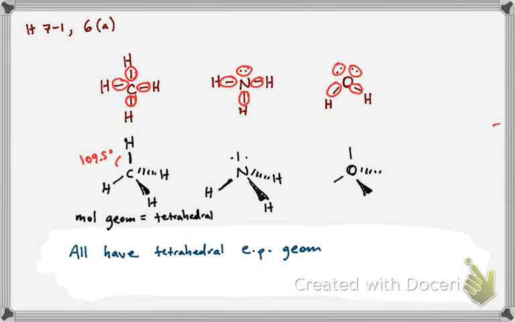It's called a trigonal pyramidal shape. Okay, so if you look at that nitrogen and those hydrogens, it looks kind of like a pyramid. So its molecular geometry would be trigonal pyramidal. So let's write that down. Trigonal pyramidal. And again, the bond angle is going to be 109.5.